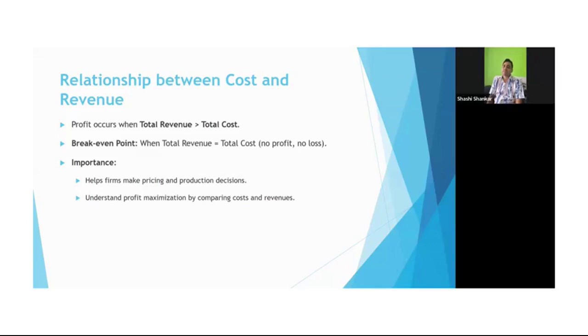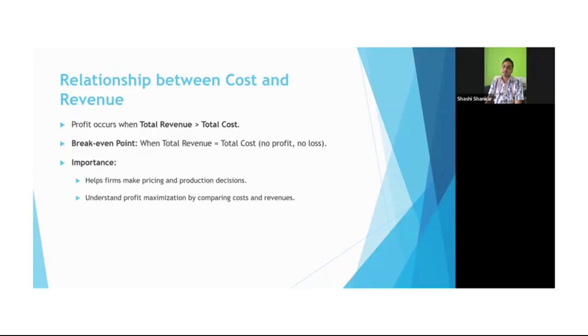Based upon that, they take the decision on pricing as well as production. It also helps understand profit maximization by comparing cost and revenue. Profit maximization is the objective or goal of every firm or organization, and it will only happen by way of comparing cost and revenue.